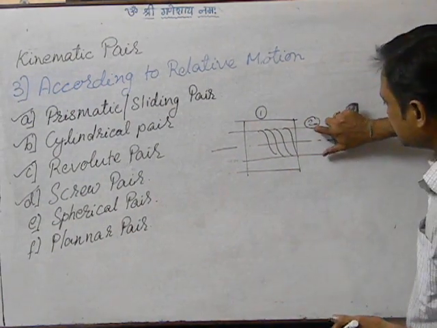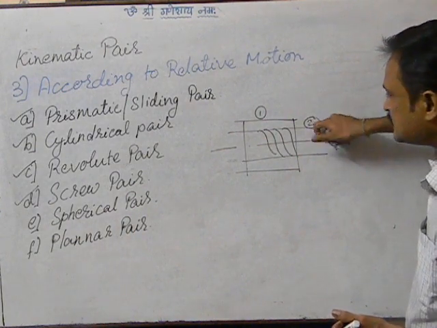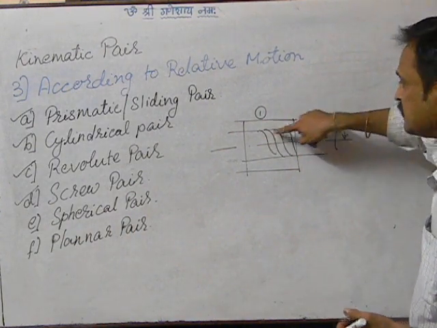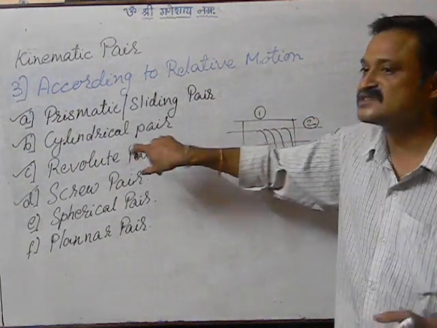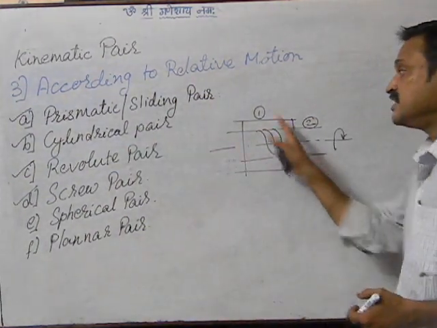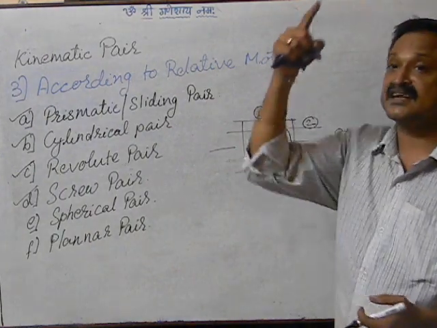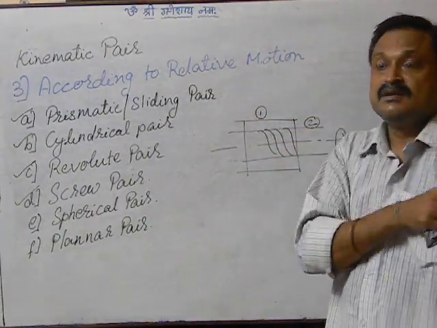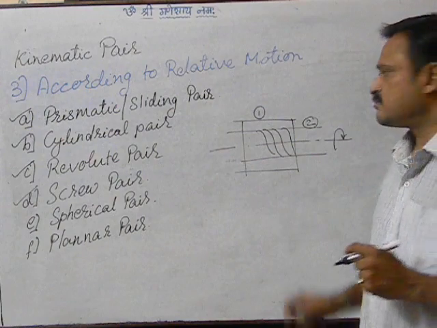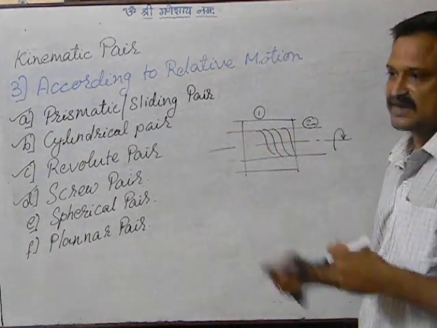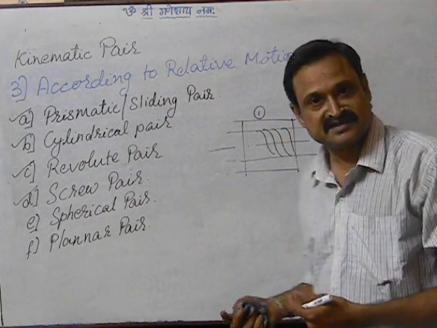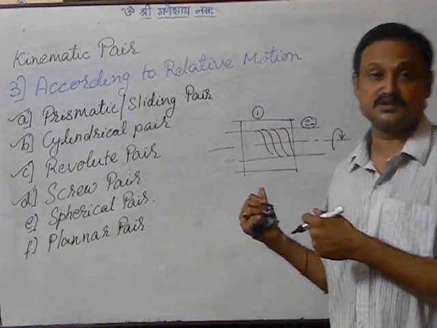This link number 2 is going to rotate, but by virtue of its arrangement it will as well move forward. So it will come into the category of closed pairing, because when I turn, it will move ahead because its arrangement is such.